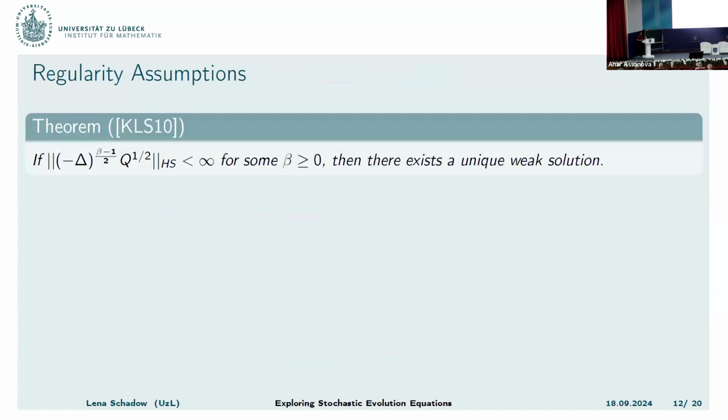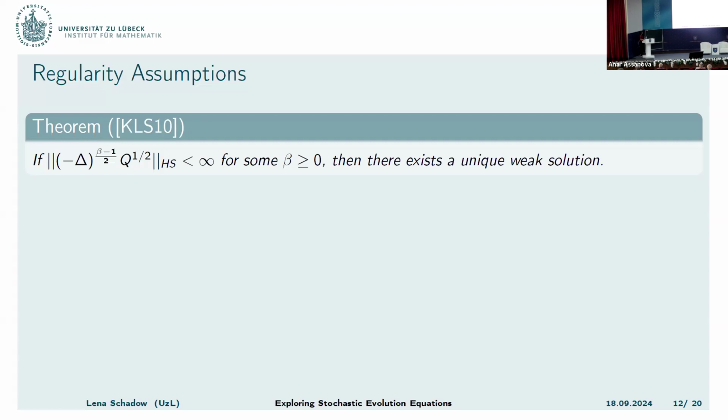So what's new, well, not new, already 10 years old, but which was not studied before, was the spatial Sobolev regularity as an idea for the existence of solutions. And that's what Kovács, Larsson, and Lang introduced in their paper.